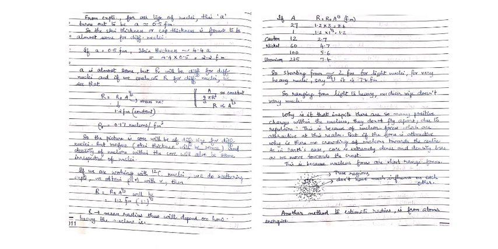Say if you consider hydrogen nucleus, the radius is 1.2 femtometer. It has only one nucleon. And if you consider uranium, which has 235 nucleons, the radius is 7.4 femtometer only.